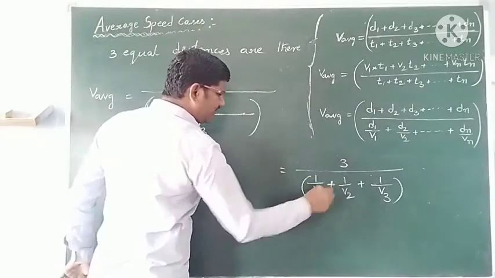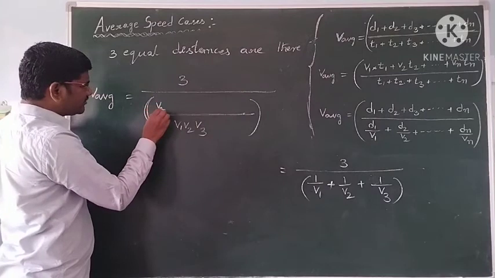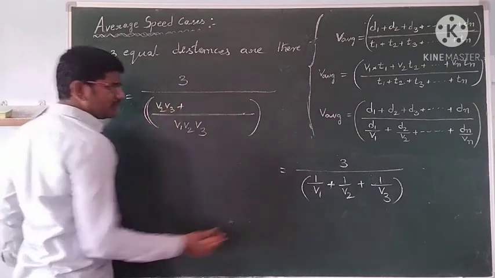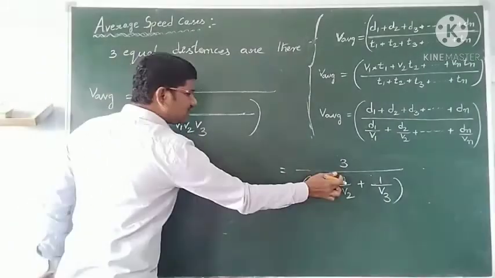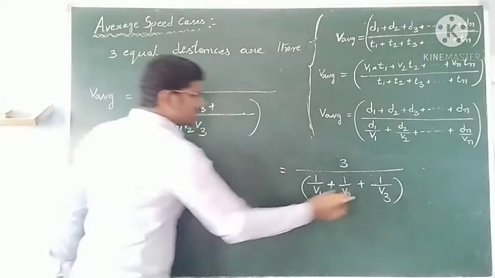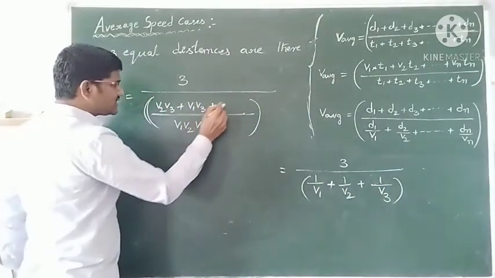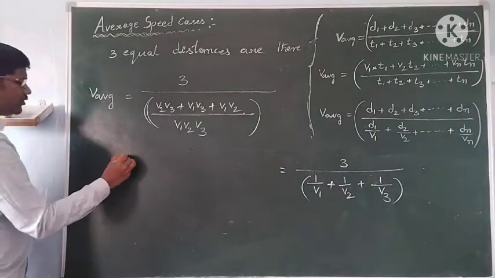So what do we have here? With this V1, it gets cancelled, leaving V2, V3, plus with V2, V1, V3 times it gets cancelled. V1, V3 into 1. So write it V1 into V3, plus with V3 it gets cancelled. So V1, V2. Then reciprocal of this.